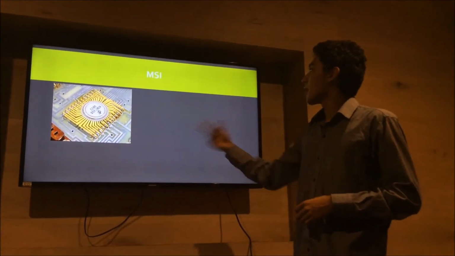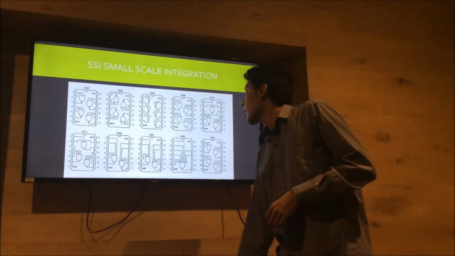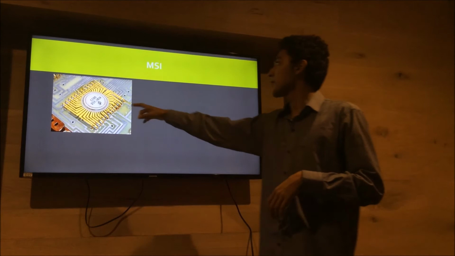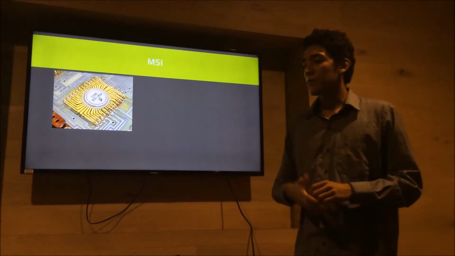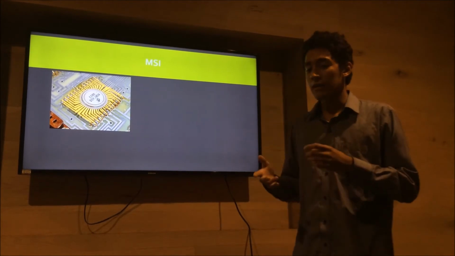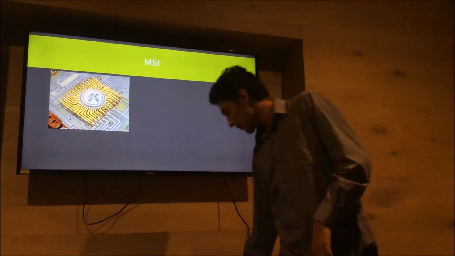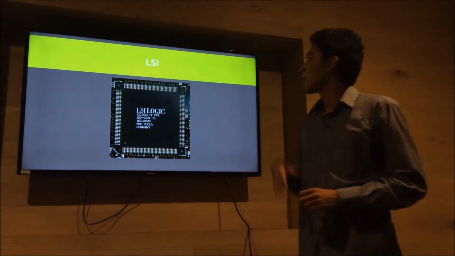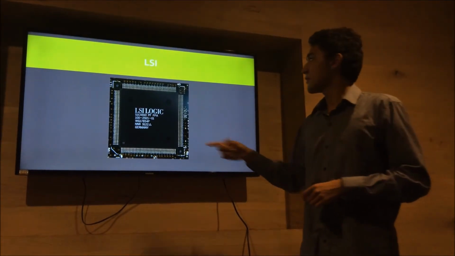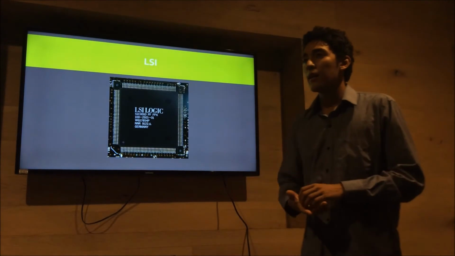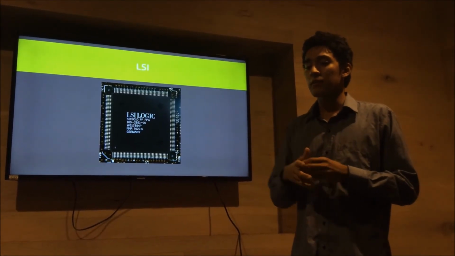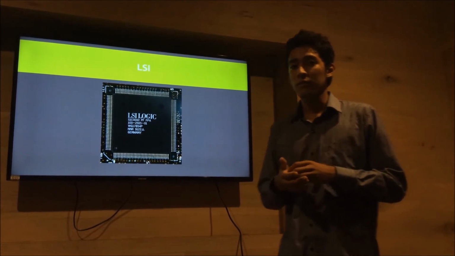Then medium scale integration means that the gates inside the circuit go from 13 to 99 gates per chip. And then we have large scale integration, which means that the gates inside this package go into the range of hundreds of gates.